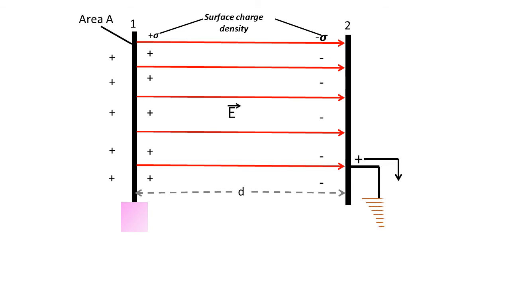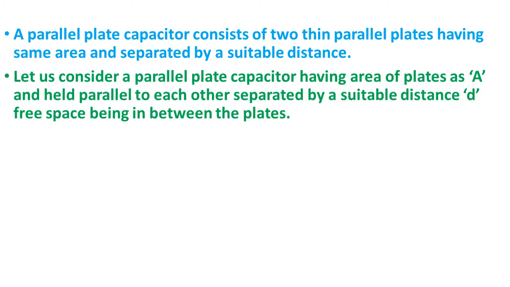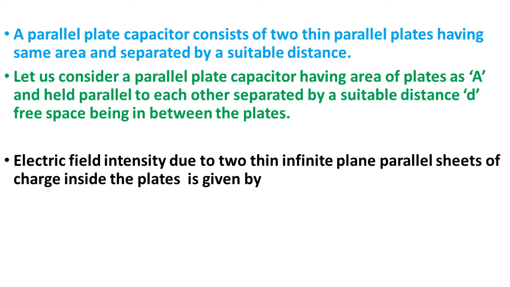This outer surface or this second plate of this capacitor is earthed, so that the positive charge which was induced on the second plate would be neutralized by the electrons coming from earth surface. So electric field intensity in between the plates of the capacitor is given by E is equal to sigma by epsilon naught.